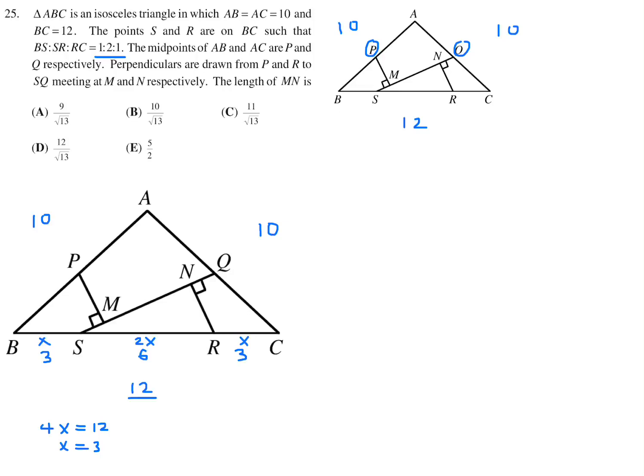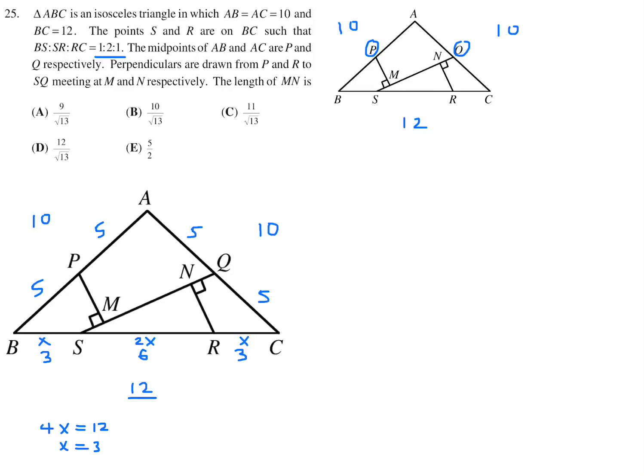Okay? The midpoints of AB and AC are P and Q. So P and Q are midpoints, so therefore from here to here is 5, and from here to here is 5, and similarly from here to here is 5, and from there to there is 5. And I think in terms of labeling, that's all we have so far.